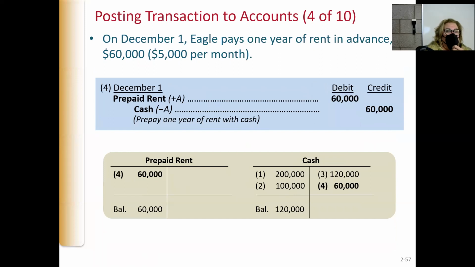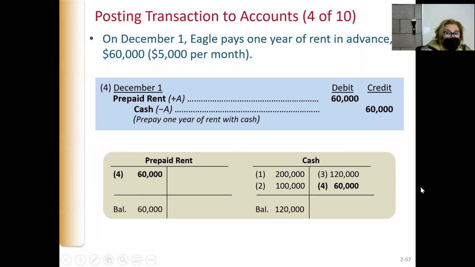On December 1st, Eagle pays 1 year of rent in advance, 60,000. Do you remember prepaid rent was an asset? We debit it to increase it. Cash is an asset, but we're crediting cash because it's decreasing, isn't it?